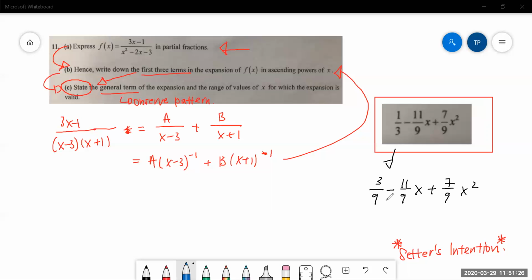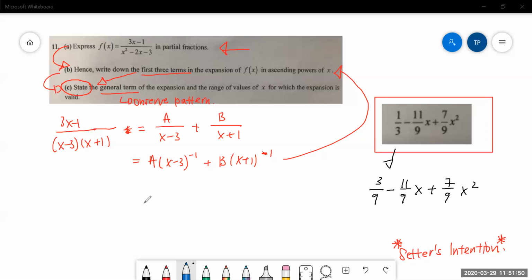So from here, we have to see a pattern. I only can see that the denominators are all 9, and they're all ascending powers of x. That's all.